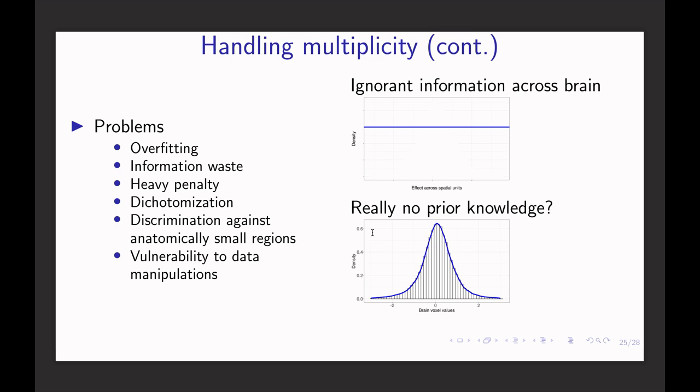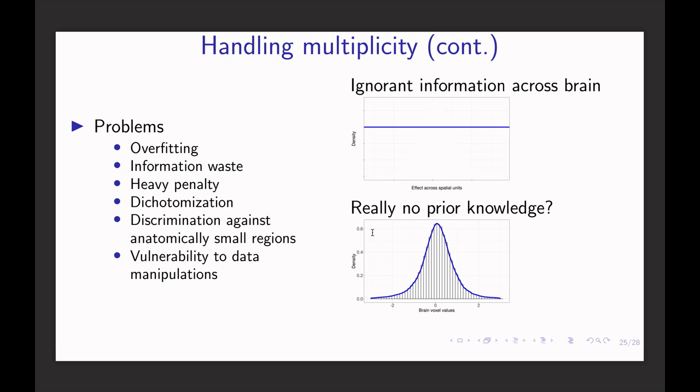Well, when we adopt this massively univariate approach, we assume all those spatial units are unrelated, right? That's why each voxel or each node or each region has a unique model. There's an underlying assumption with that approach, one that people don't see or don't recognize.